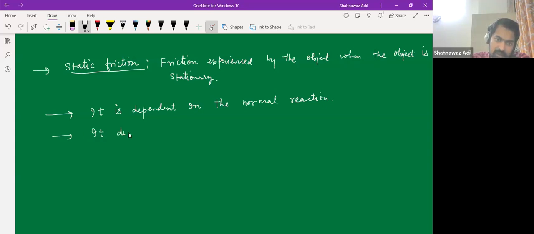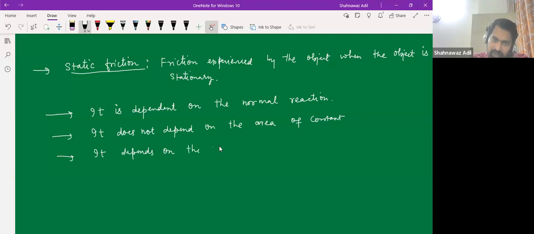It does not depend on the area of contact, and it only depends on the roughness of the surface.